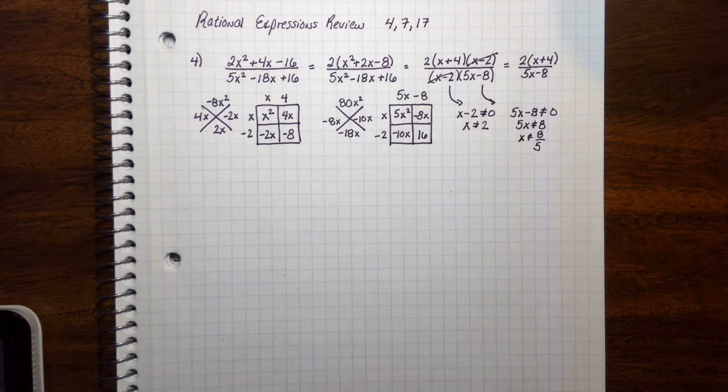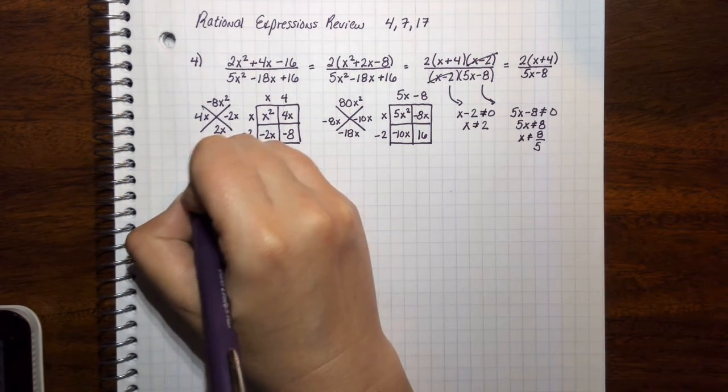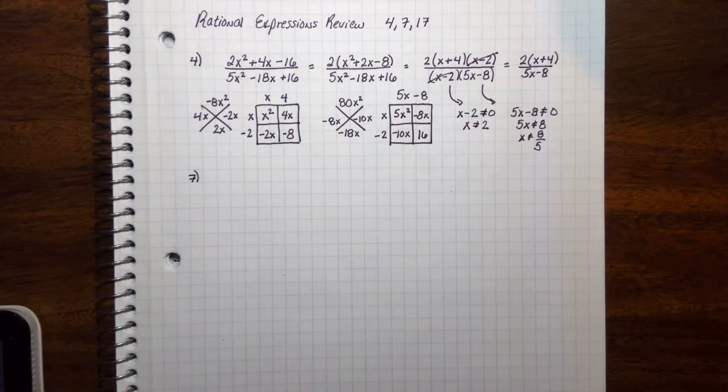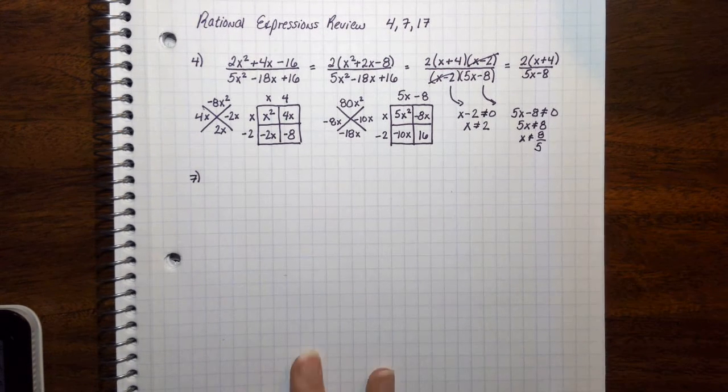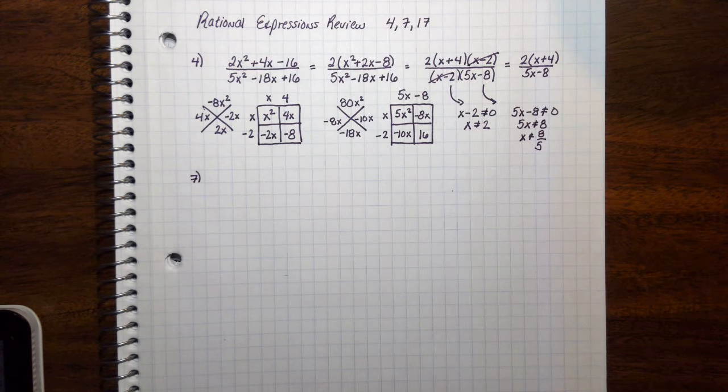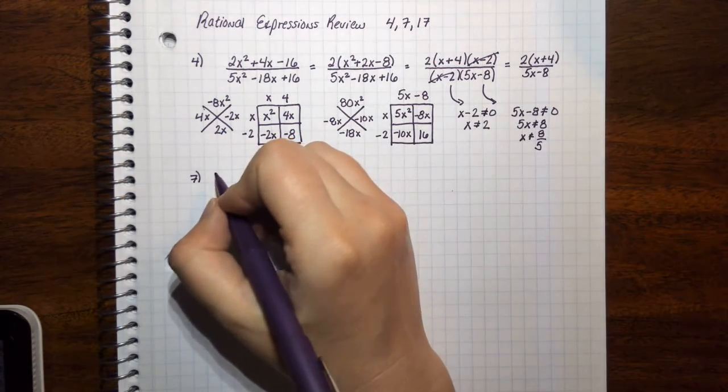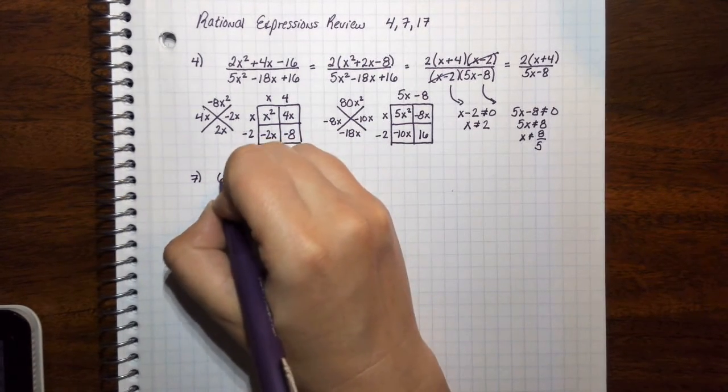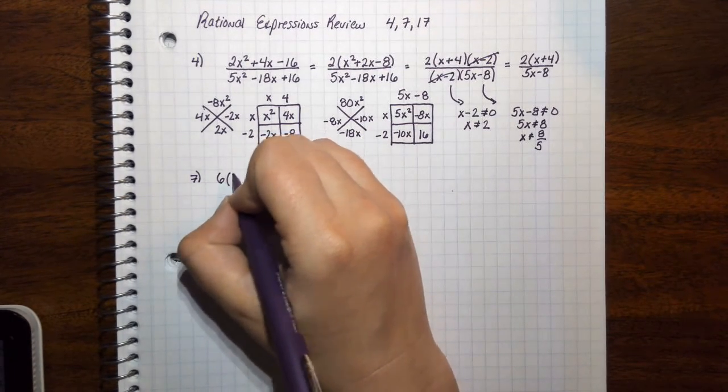Okay. Next problem, number 7. Simplify each expression. I picked a division one because multiplication is the same. It just is missing the step of keep, change, flip. I'm just going to write the problem down as is, and then I will keep, change, flip.